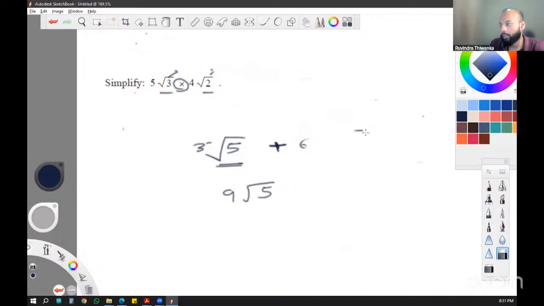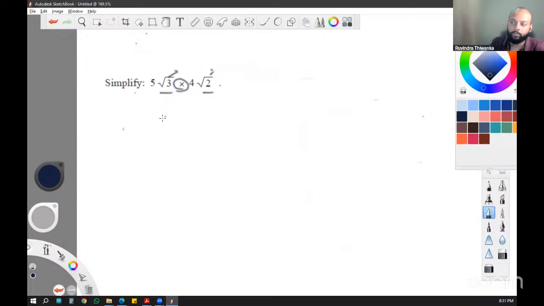But what happens if you have two different surd values and it is multiplication? This can be done like this. You can write it like this. Equals, I just take the coefficient. The number in front of something we call the coefficient.